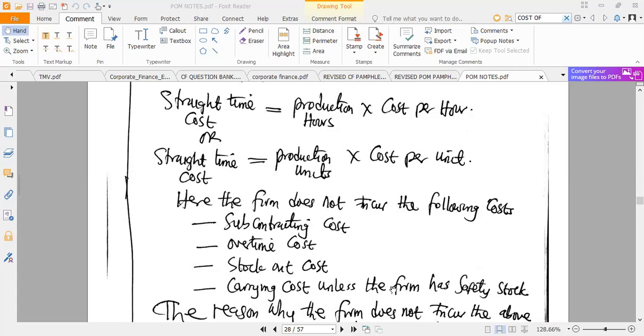If a company receives an order for certain units and cannot produce to meet the customer's demand, and the company policy does not allow overtime, then they can subcontract.